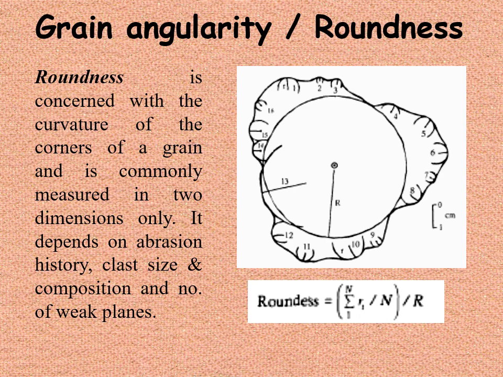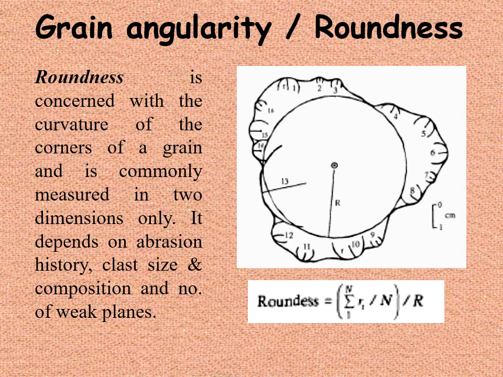I will explain this. Now, if you consider this irregular grain, there are numerous corners you can see. Along these corners, if you consider small circles, each circle has a radius. So here is a circle, here is a circle, and lots of circles are possible along the corners.